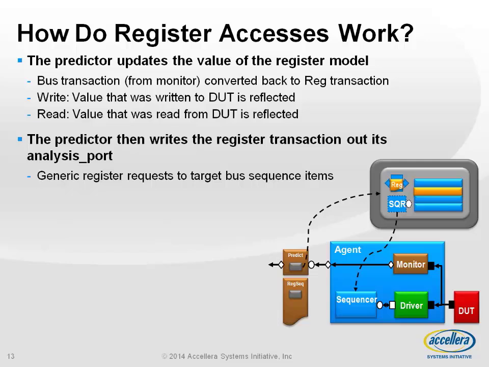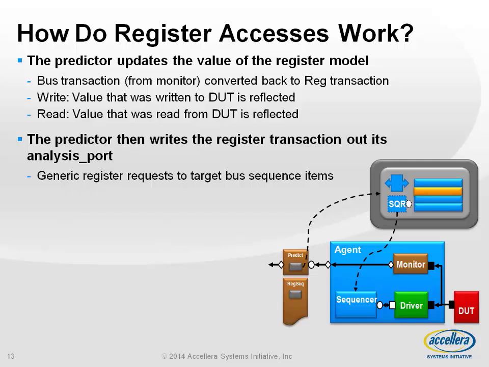So when we do a write transaction to the DUT, we just take that value as a given, says this is what the value ought to be, so we use that to update the model in the register layer. On a read, we get the read value back, and we say, oh, okay, I guess that's what the actual value is, so we go and use that to update it. And then that predictor sends that transaction out its analysis port.